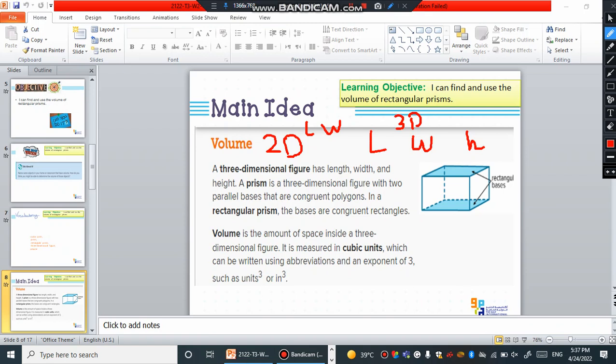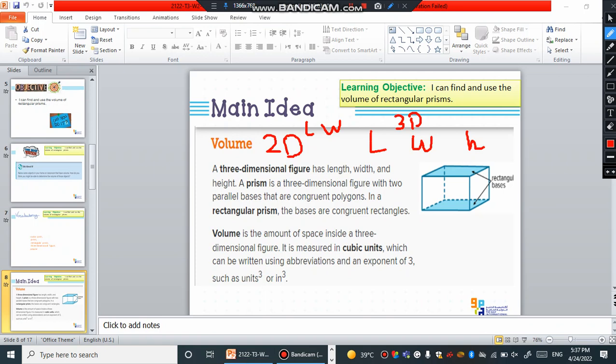For this rectangle, each opposite side is the same. This base and this base are parallel, and each side is the same as the other side. In the rectangular prism the bases are congruent rectangles, meaning the spaces are equal, exactly the same for every side.